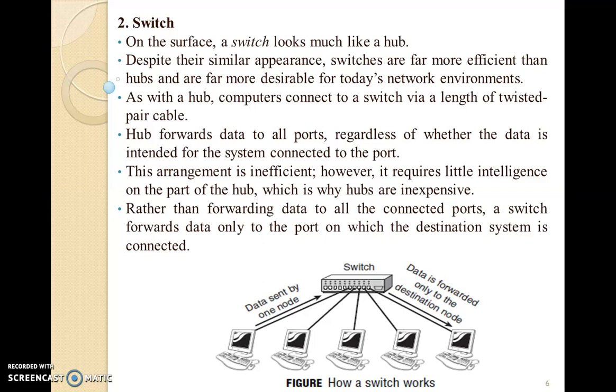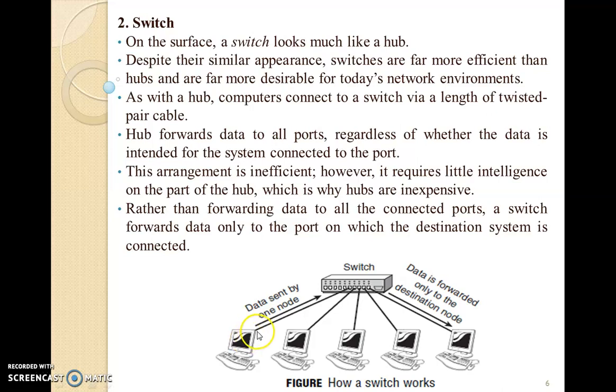After completing hub, next comes the switch. A switch looks more like a hub, but a hub is a broadcasting device, whereas a switch is a unicast device. So let us discuss how a switch works. Now this node wants to send data.